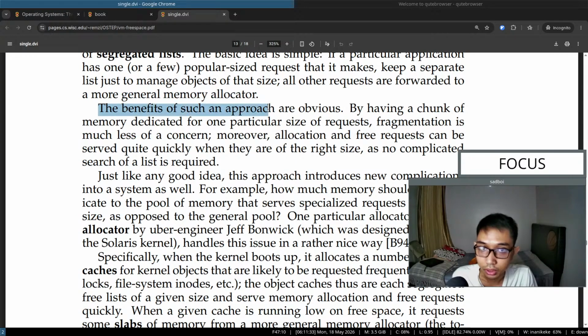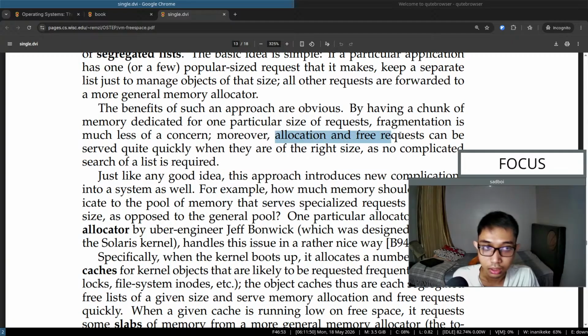The benefits of such an approach are obvious. By having a chunk of memory dedicated for one particular size of request, fragmentation is much less of a concern.